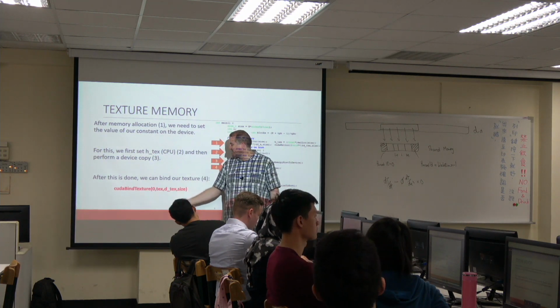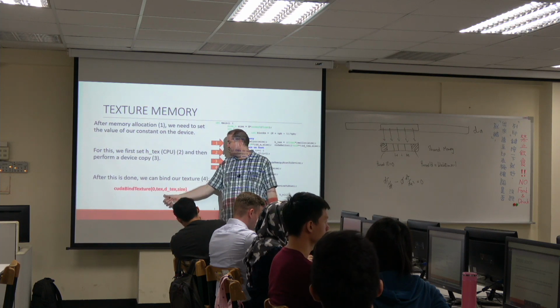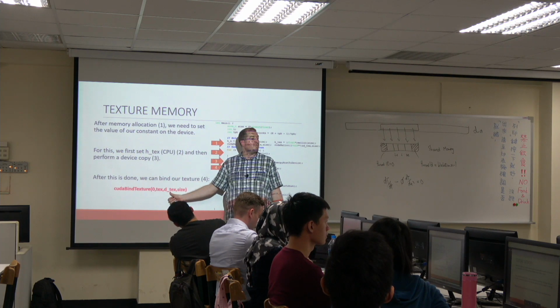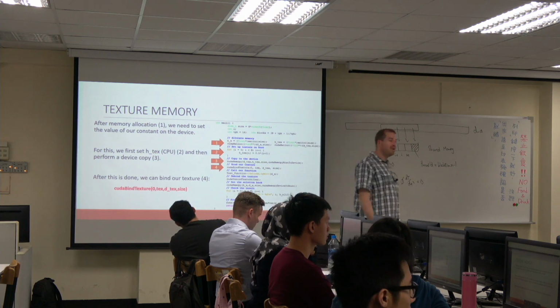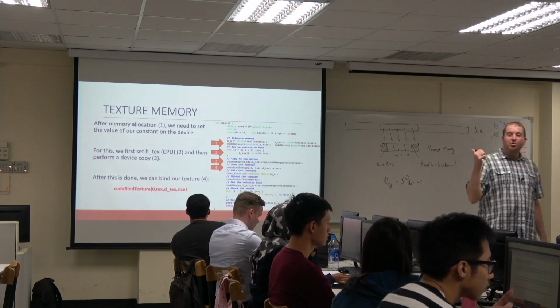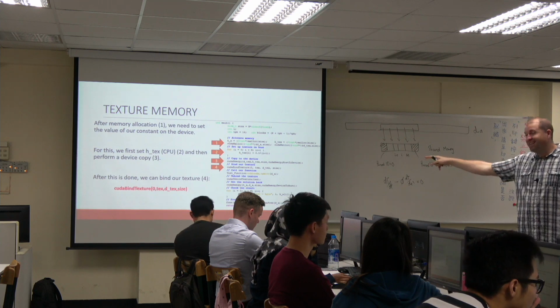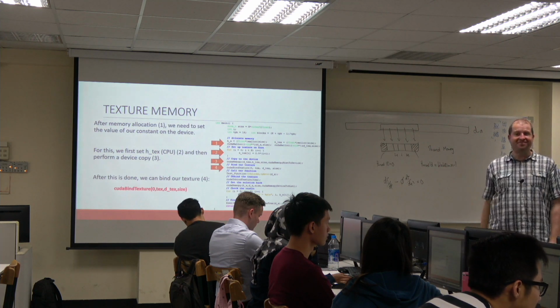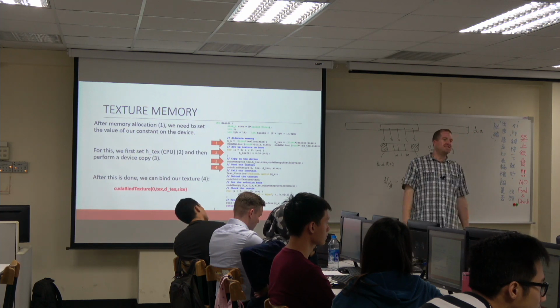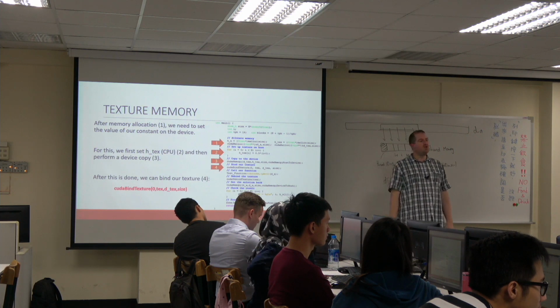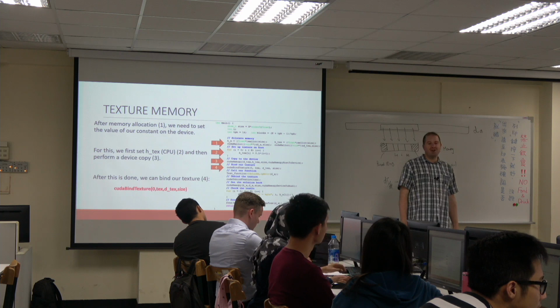Text, dtext, straightforward. Text is our texture type, dtext is our location in global memory, and then the size of the information we're binding. If you put htext there instead of dtext, it will compile, it will run. There will be no memory errors, there will be no errors of any kind.